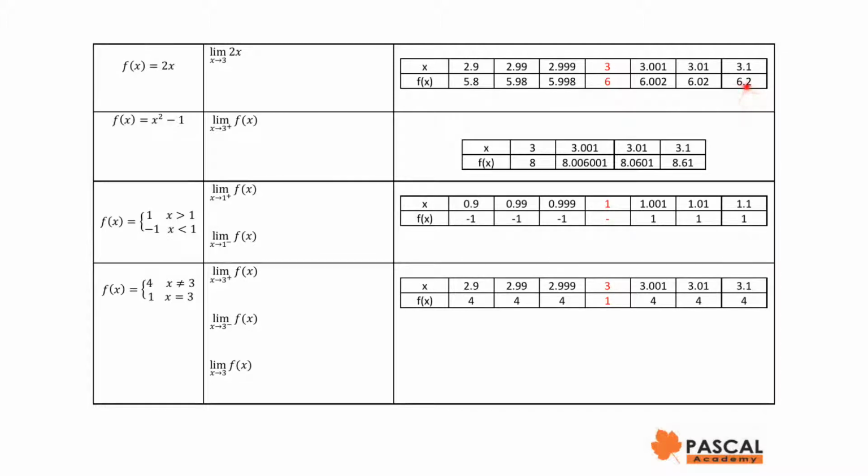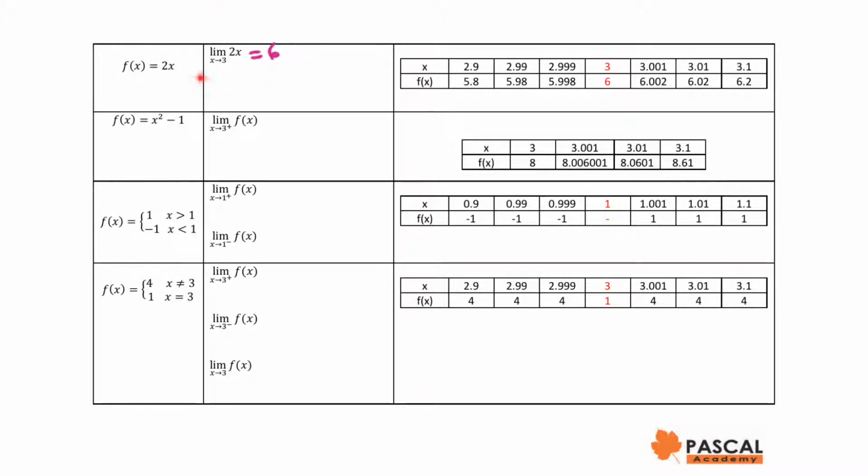As you see here, when x approaches 3, from either side, f of x is getting closer to 6. Therefore, limit of 2x as x approaches 3 is 6.